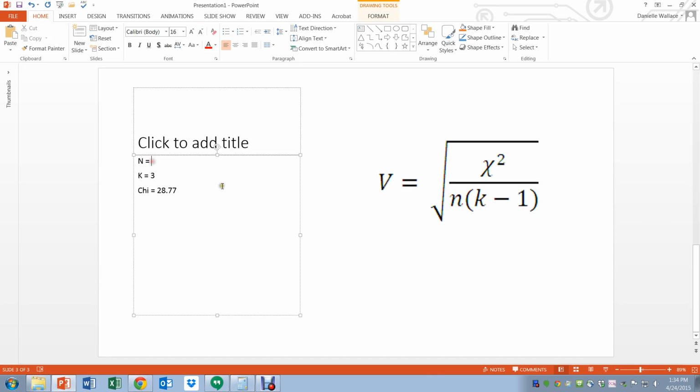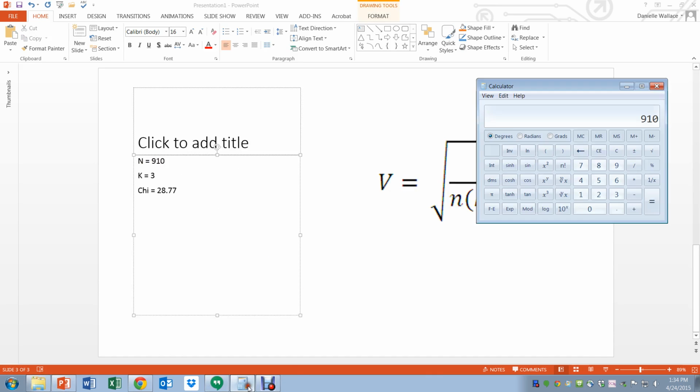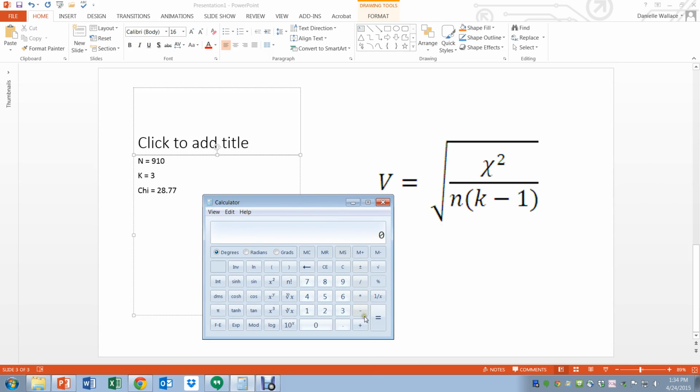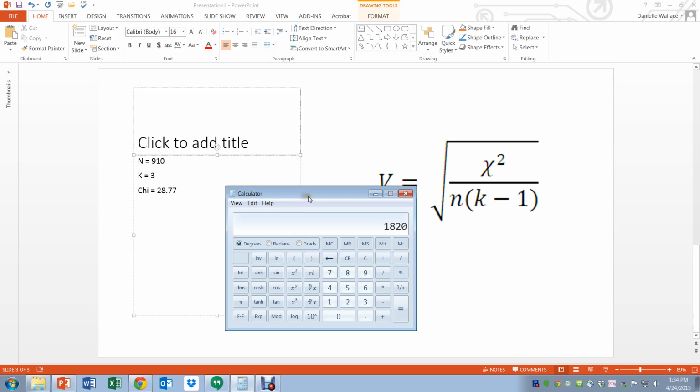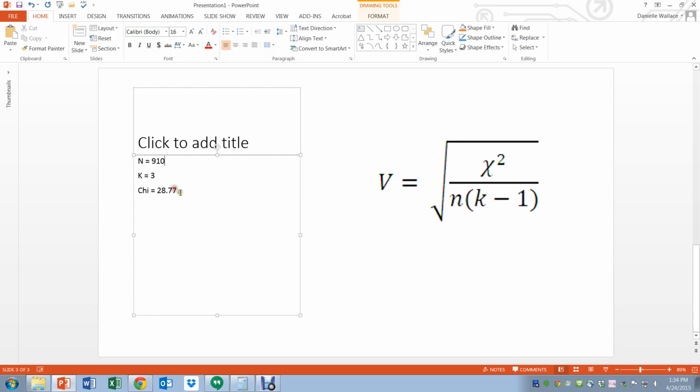So to figure out the Cramer's V, all you really need to do is plug in these statistics. First, 910 times 3 minus 1, in parentheses, is equal to 1820 for the bottom half.